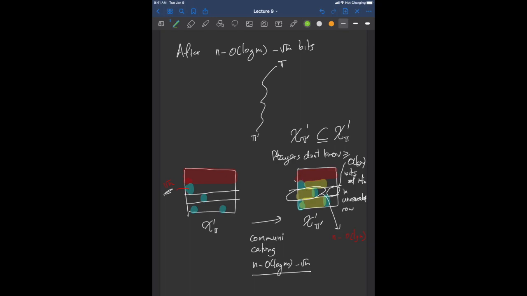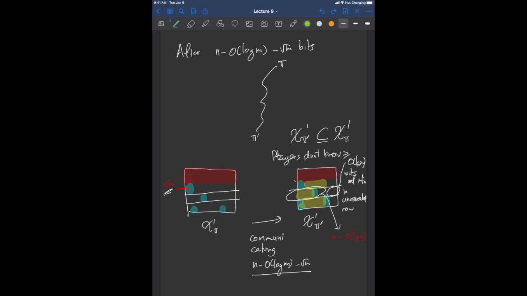Here we are only going to use this strategy on the unrevealed rows, but this is in general true: if you knew something like L bits of information here and you spoke k bits of information here, after this you would know at most L plus k bits of information. So this was just a formal way of capturing this intuition.